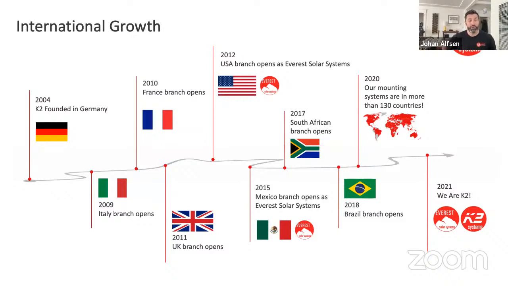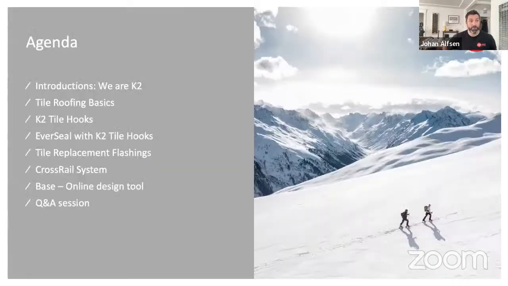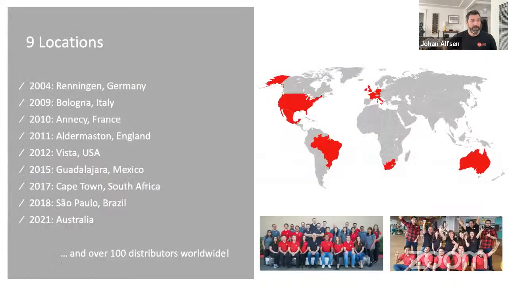We're based in Oceanside, California, in the northern part of San Diego County, and our Mexico branch is in Guadalajara. Since then we've grown quite a bit. We've had a number of offices open up all over Europe, and just recently, about a year ago, in Australia. So it's very exciting.